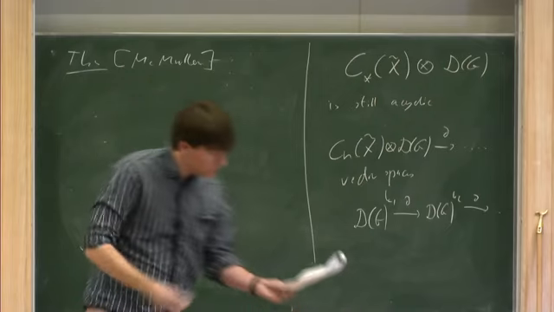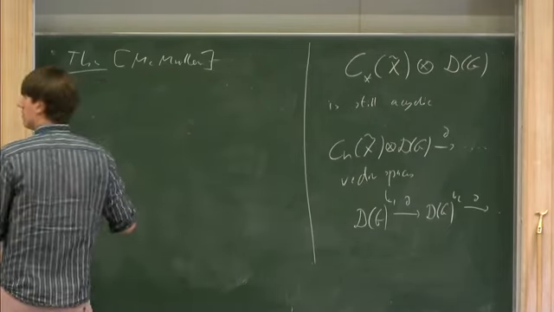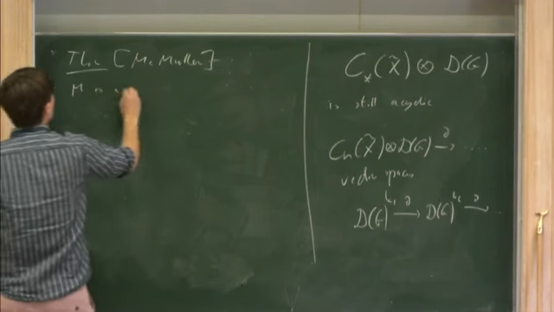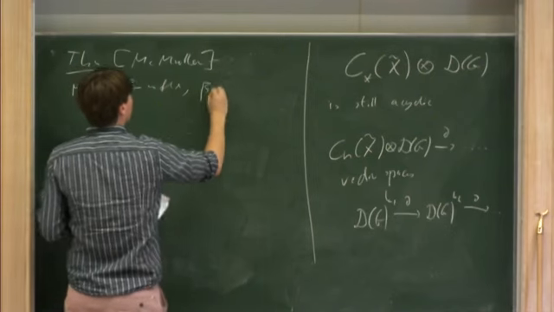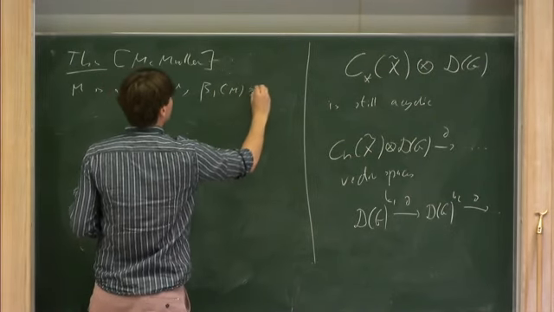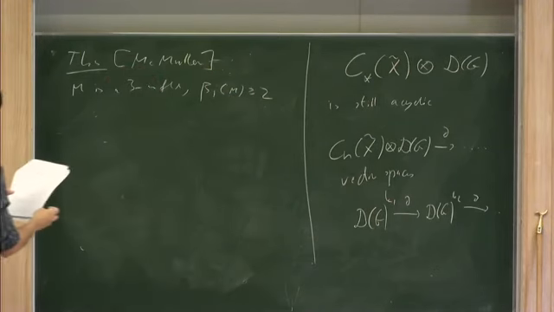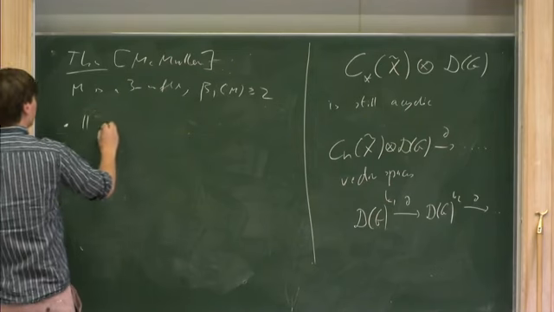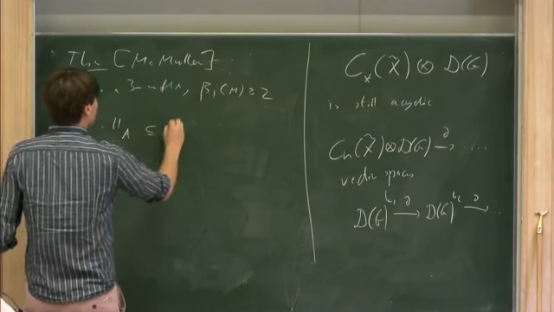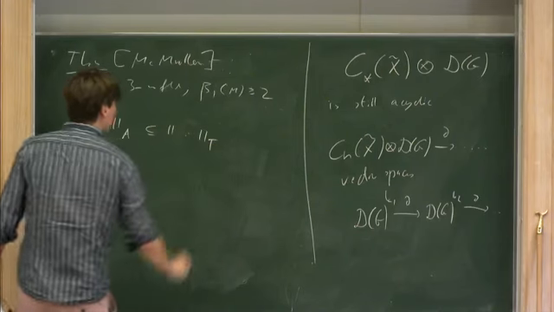M is a 3-manifold with first Betti number at least 2. This is the usual Betti number. Then we know that the Alexander norm is a lower bound for the Thurston norm.